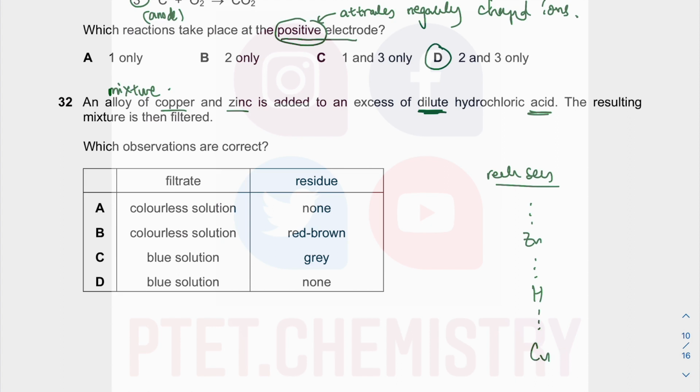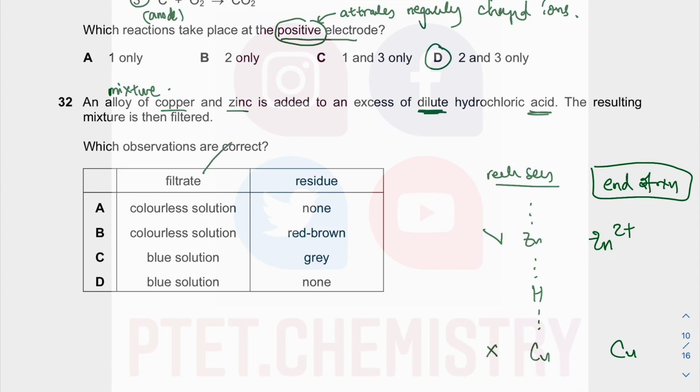So copper does not react with dilute acid, but zinc reacts with dilute acid. That means the copper remains as copper, but you will have Zn2+, and you will have copper still. So at the end of the reaction, your copper is a metal, it's insoluble. The zinc becomes a salt, it becomes soluble.